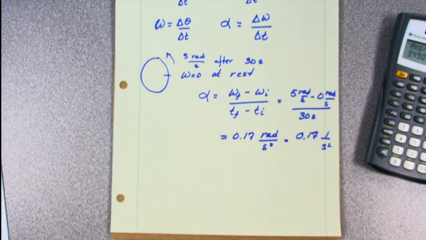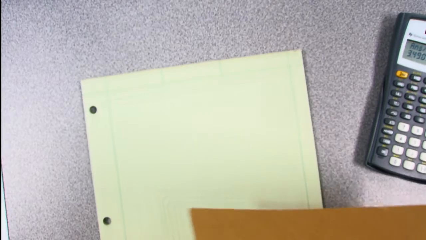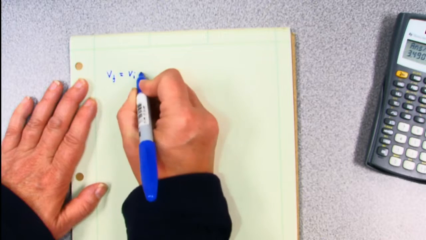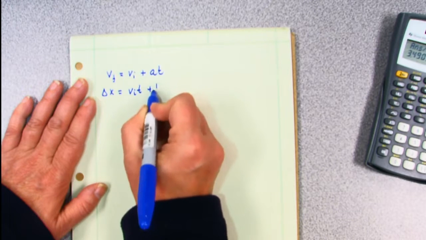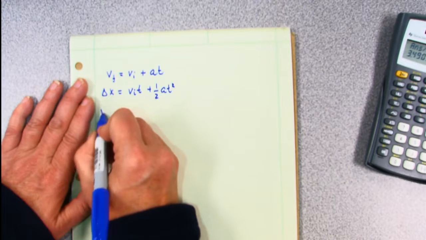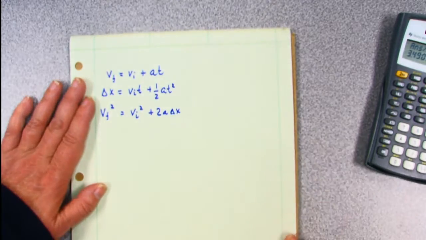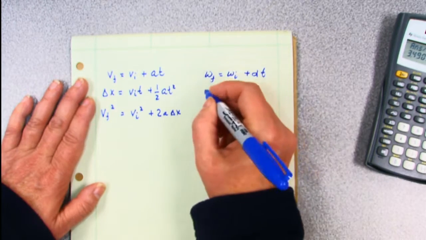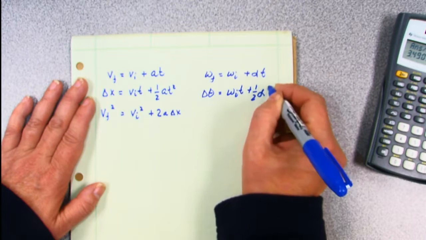Rather than bore everyone with the same derivations that we've done before, because everything so far has worked exactly the same way, we get, if I look at V final equals V initial plus A T, my change in X is equal to V initial times time plus 1/2 A T squared, and V final squared is equal to V initial squared plus 2 A change in X. I'm going to get omega final is equal to omega initial plus alpha T. My change in angle is going to equal omega initial times time plus 1/2 alpha T squared.